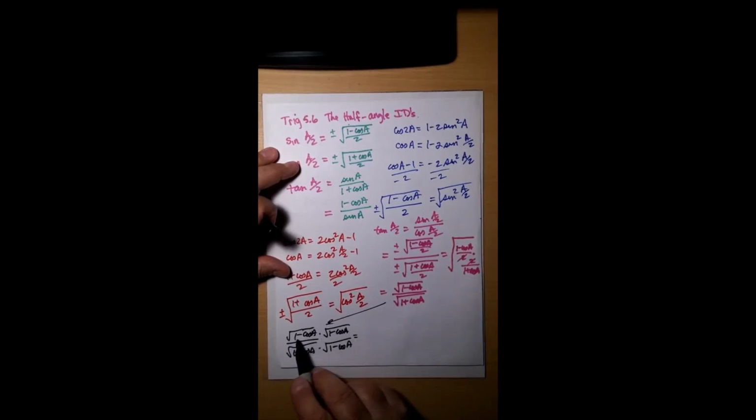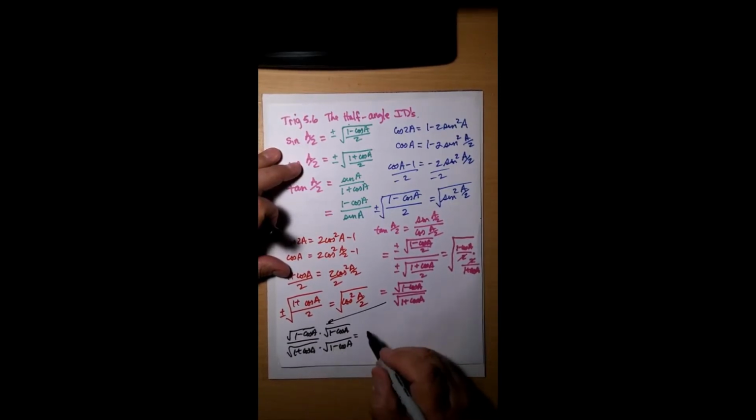Now you get 1 minus cosine A times 1 minus cosine A, which is 1 minus cosine A squared. So when you take the square root of something squared, it's just that 1 minus cosine A. This is like the square root of 2 times the square root of 2 is just 2. This one's a little different.